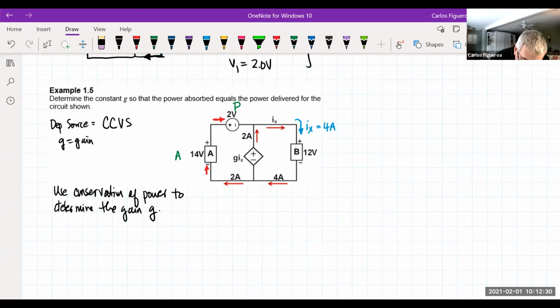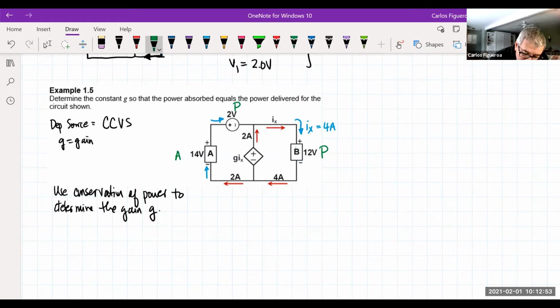So you know what? These reds, I don't want to mix them up with the other ones, so I'm going to change the color so that it's easier to see. What I'm seeing here is that IX, because it's entering the positive, means this element must be passive.